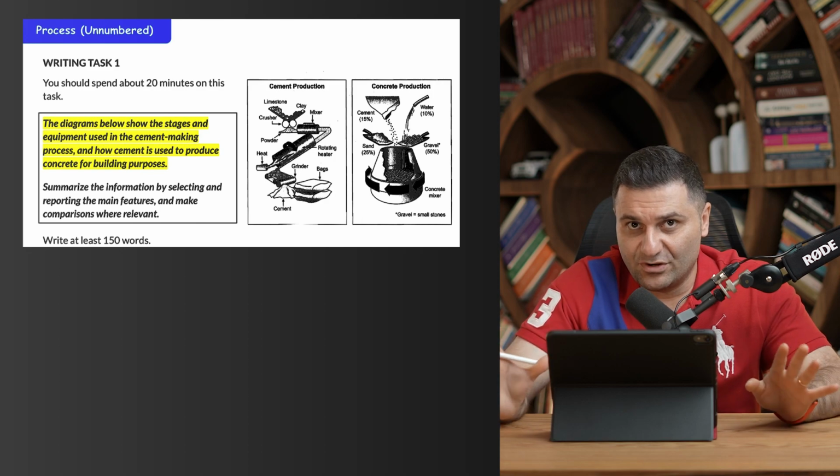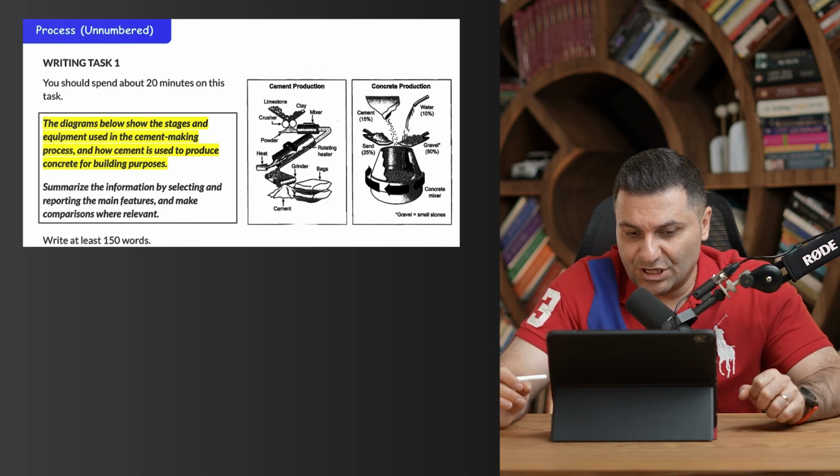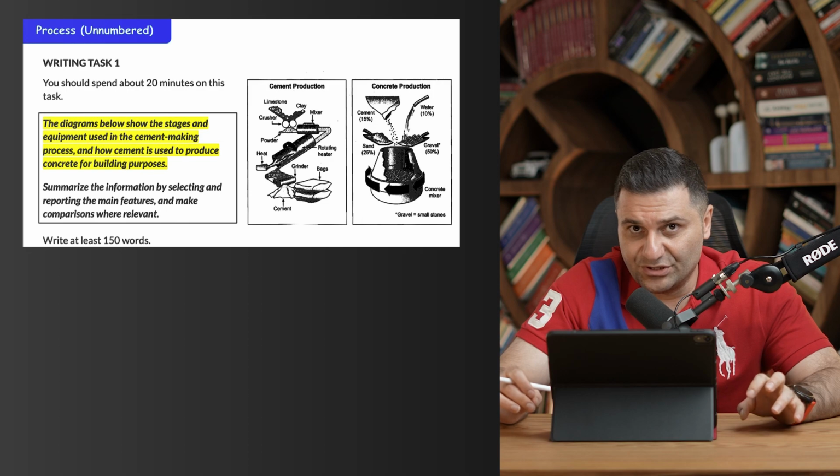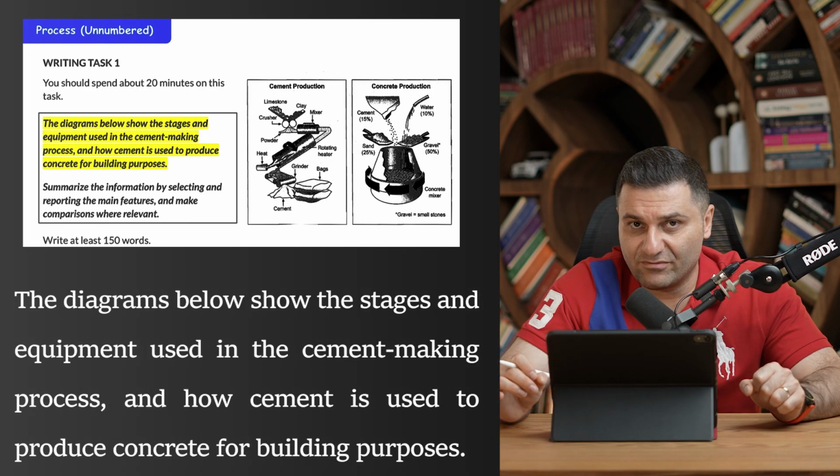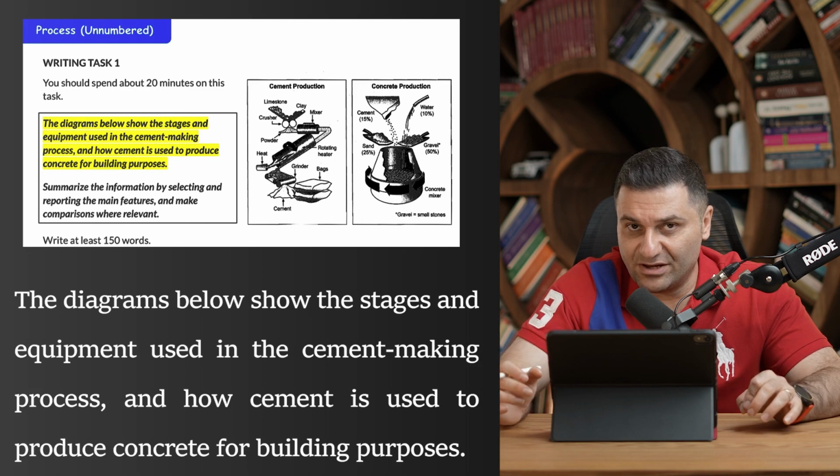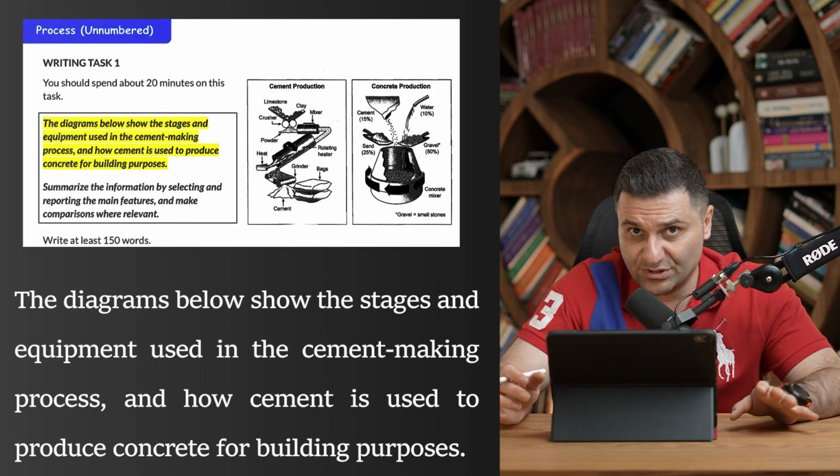Number of stages are not included here. So we first read the question carefully, and then we'll change the words. The diagrams below show the stages and equipment used in the cement making process and how cement is used to produce concrete for building purposes.